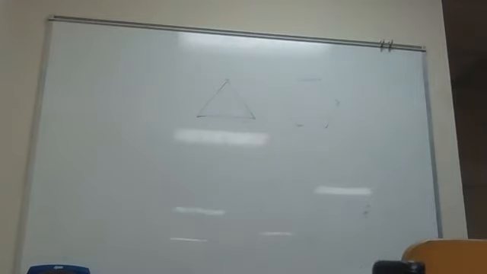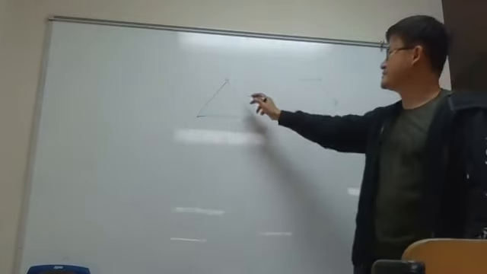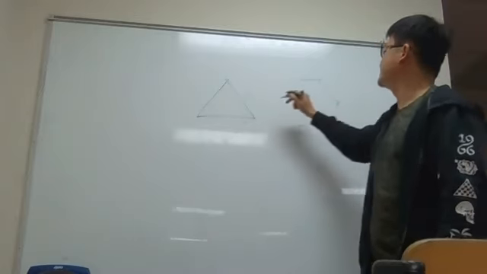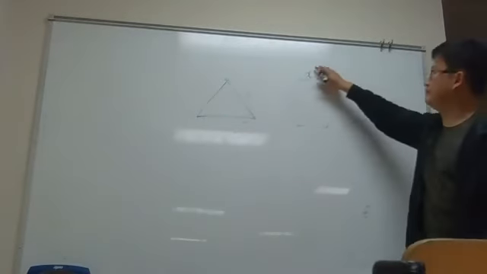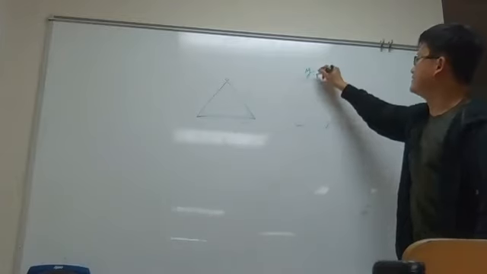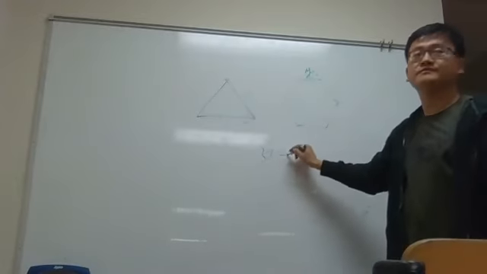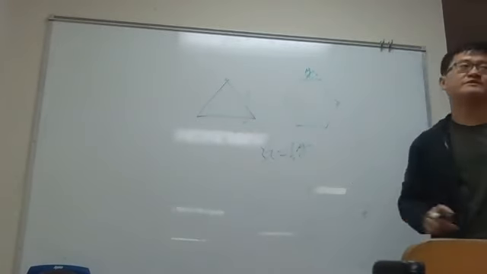Suppose they have the same perimeter. Which means if the side of the equilateral triangle is x and the side of the regular hexagon is y, then we know that 3x equals 6y, right? We know they have the same perimeter.